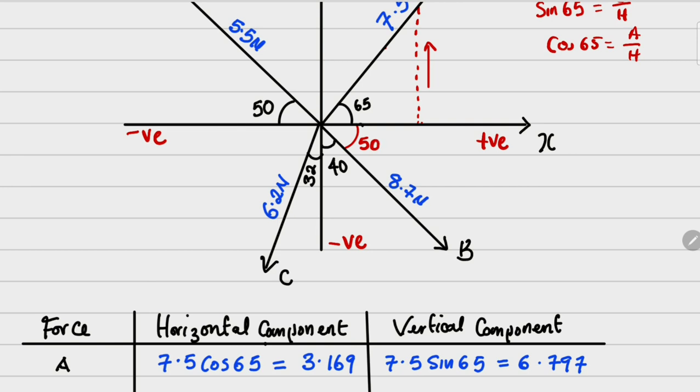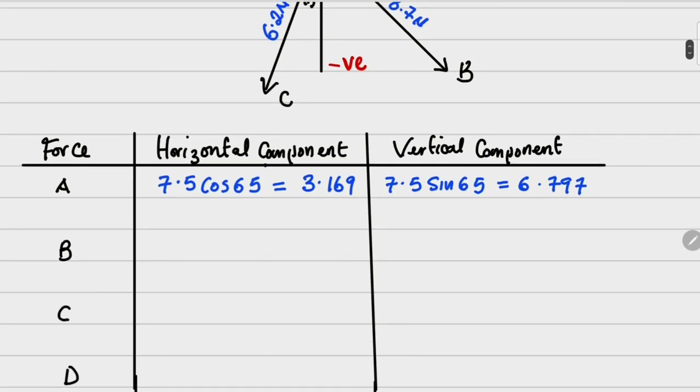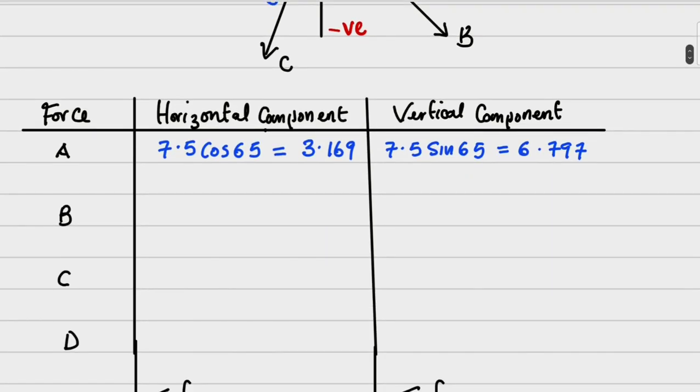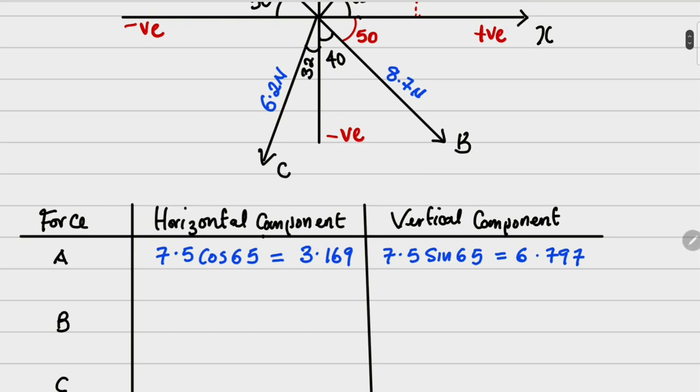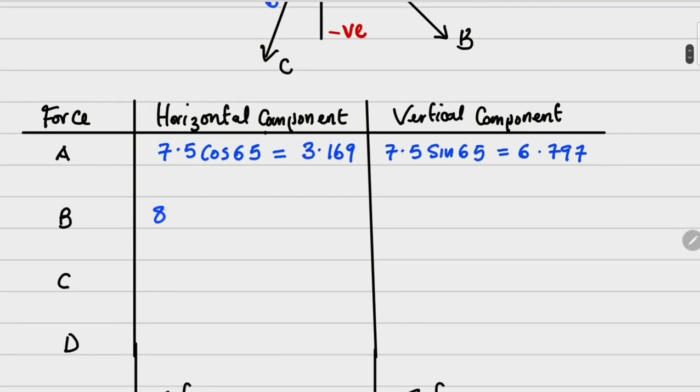So the horizontal is going to be 8.7 cos 50 degrees, which is 5.592.